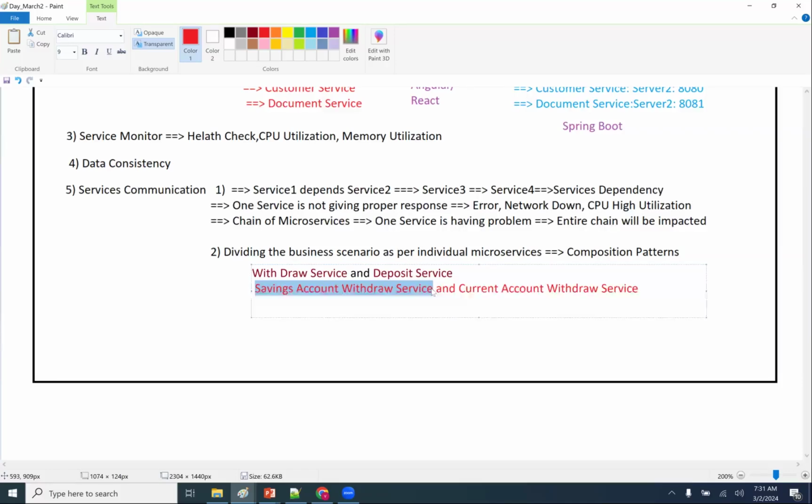Dividing the business scenario as per individual microservices is also a biggest concern. It's not that easy a task, and it's an ongoing activity. Even though the product is released for 4 years, you may still need to revamp and reconstruct your architecture.